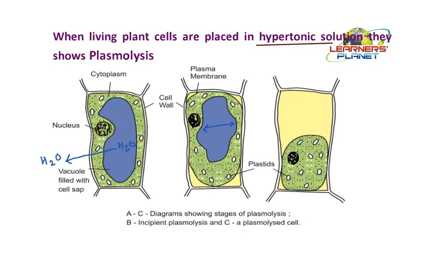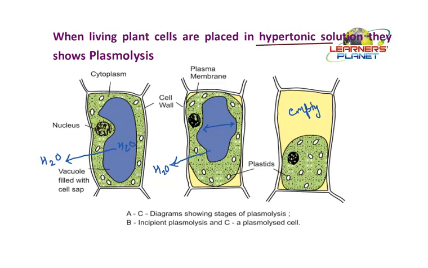What we mean by this is that it will start shrinking. You can compare the size of the vacuole first and then the size of the protoplasm. The membrane has started shifting away from the cell wall. So they start shrinking and the process will continue. That means the water keeps on moving outside and finally we will observe that this space inside the cell wall has become empty.